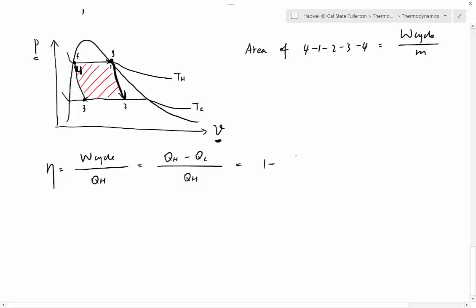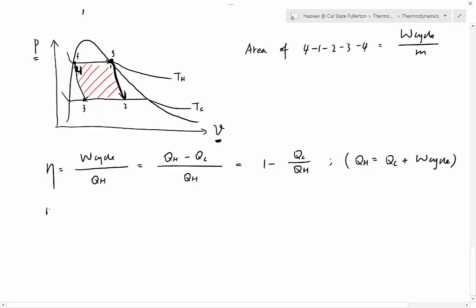It is 1 minus QC over QH. Just in case you forgot, from the energy balance equation, total energy going in, QH, must be balanced by total energy leaving. Leaving, we have two. First one is QC, second one is W cycle. So from here, we can rewrite W cycle as QH minus QC.